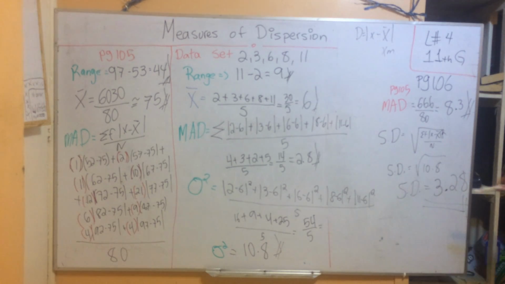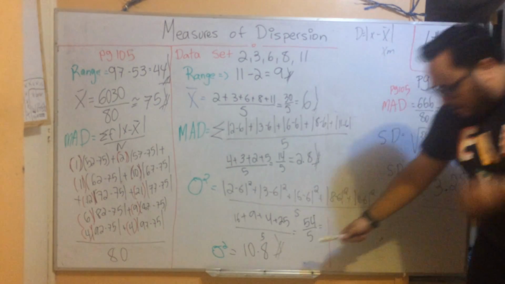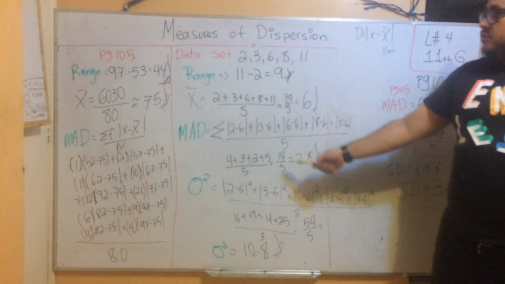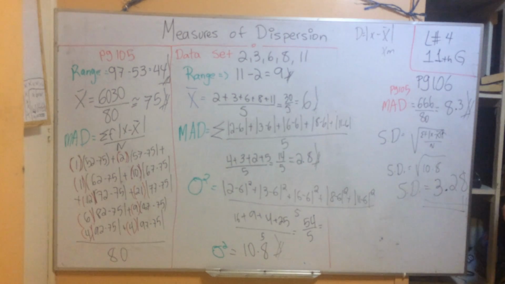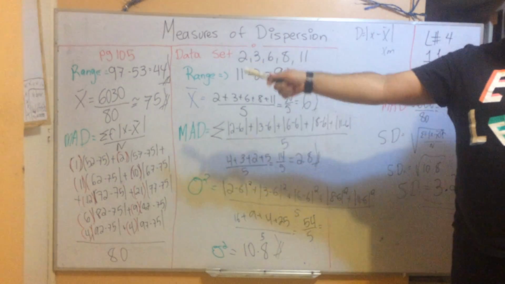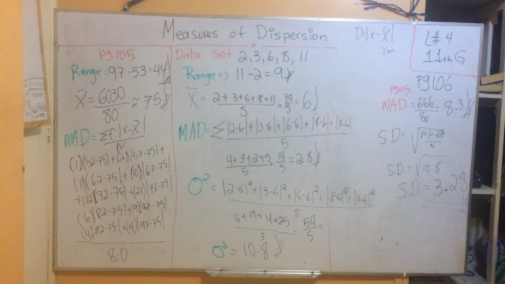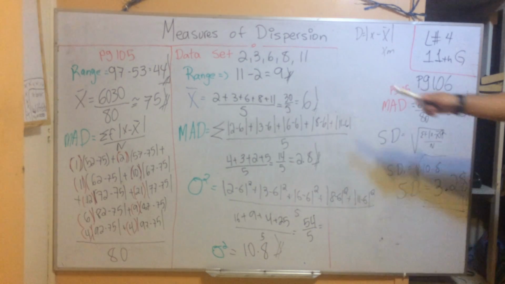Okay, so here we have standard deviation, we have the variance, we have the mean absolute deviation, and we have the range. What I'm going to do is on the next lesson, I'm going to take the exercise from 105. I'm going to do it separately, because it's important to know how we get those numbers as well. Now the exercises that you're going to work on are going to be like this.